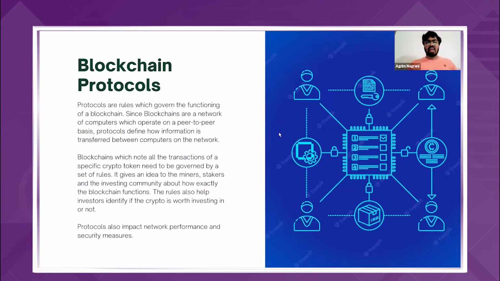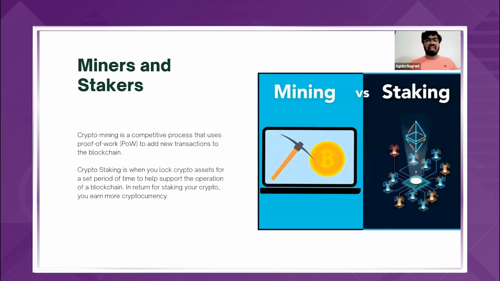Now coming towards the miners and stakers who are present in the ecosystem, because they are the people who run the tokens, or you can say the complete blockchain. As we all know, Bitcoin is based on proof of work, and previously Ethereum, before the 2.0 merge, was working on the proof of work mechanism, which has currently shifted to proof of stake.